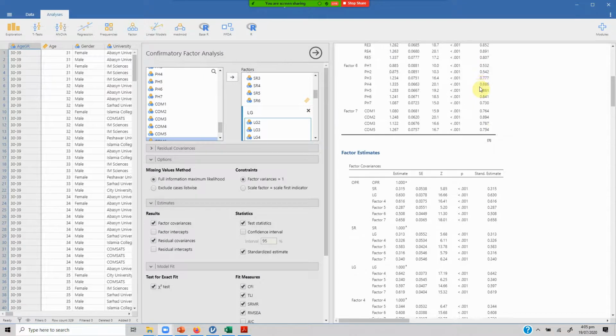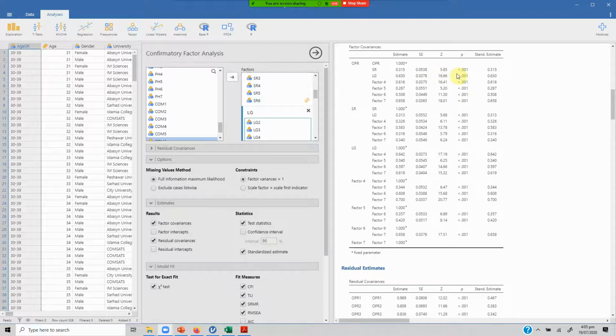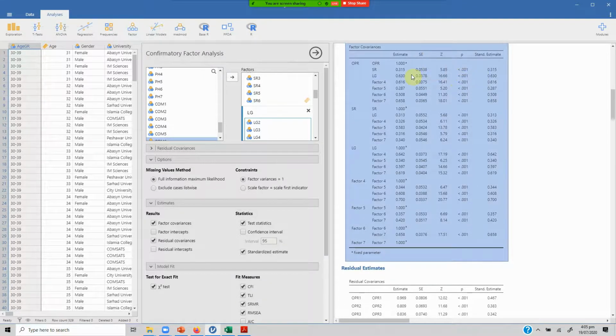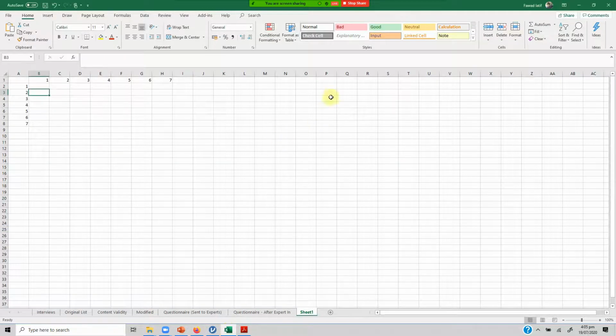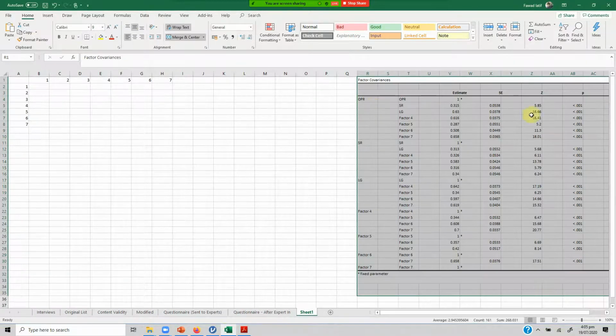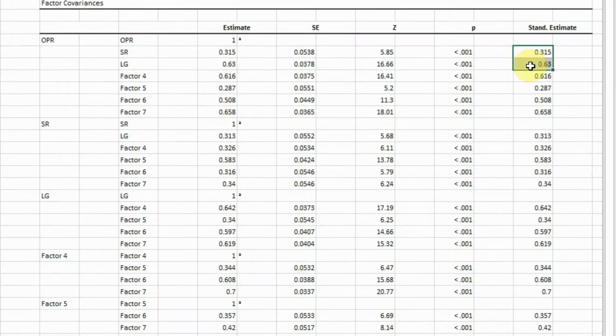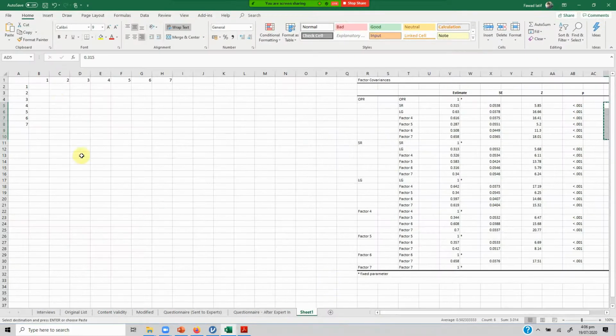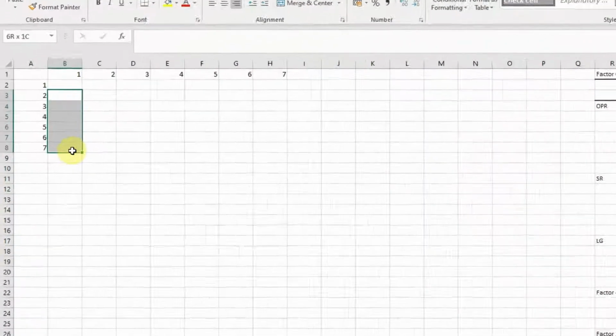Now what you can do is copy this text from here and put it in your Excel sheet here, and this is the correlation of factor 1 with all the other factors, factor 2 3 4. So just copy it from here and you can put it here.